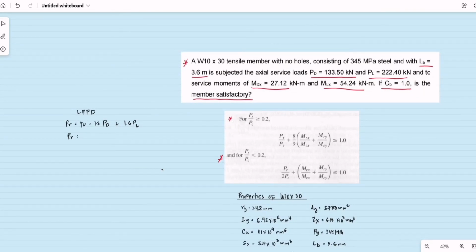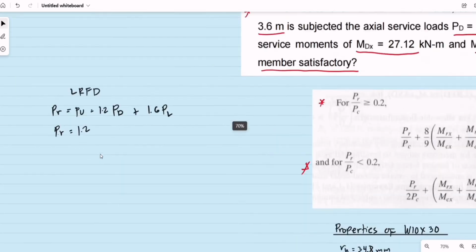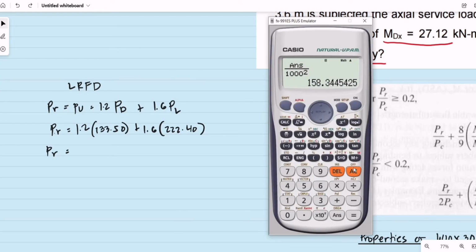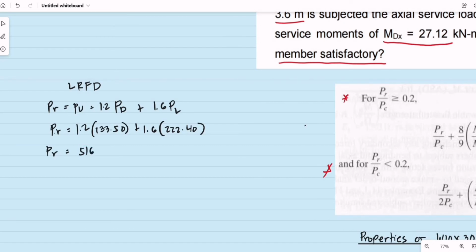That is 1.2 of 133.50 plus 1.6 of our live load, 222.40 kilonewtons. That is equal to 516.04 kilonewtons.